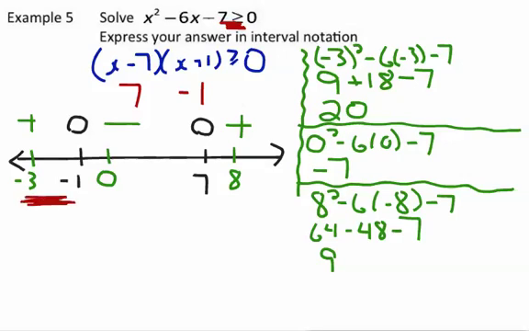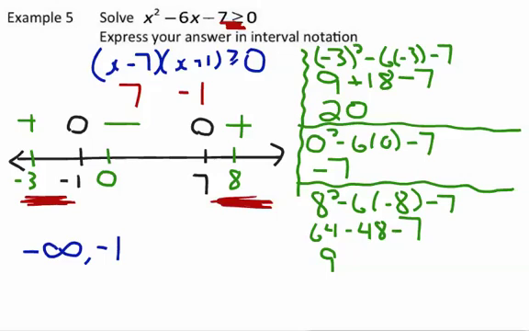One on the left, right here, one on the right over here. So when I go to my interval notation, I'm actually going to have two separate answers. My first one on the left goes all the way to negative infinity. Where it stops being positive is at negative 1.